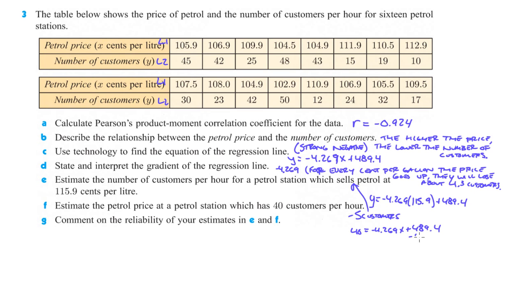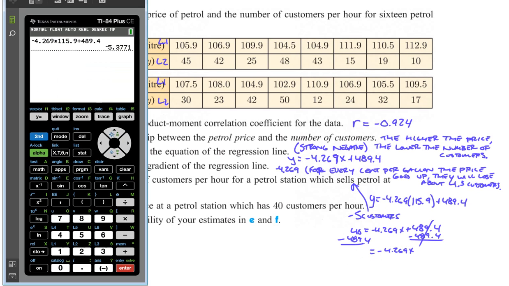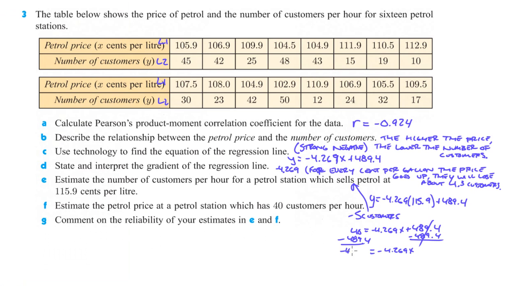Then we subtract 489.4 from both sides, and we get -4.269x equals 40 minus 489.4, which gives us -449.4.